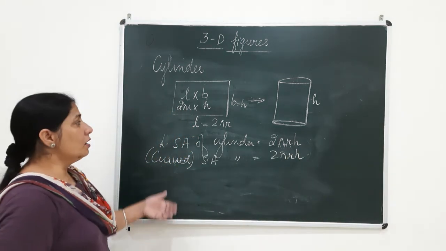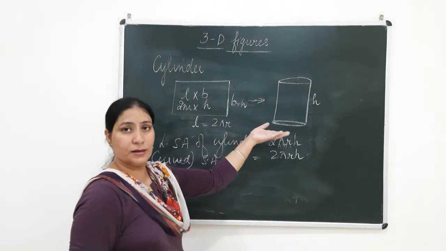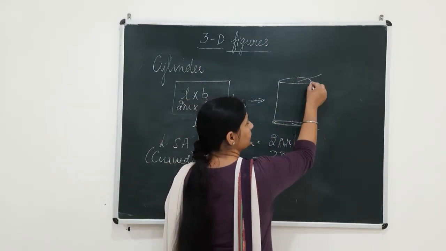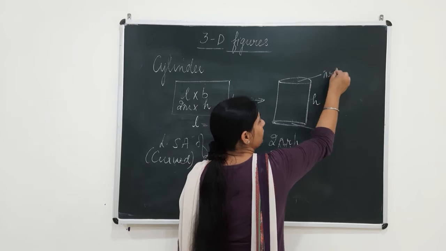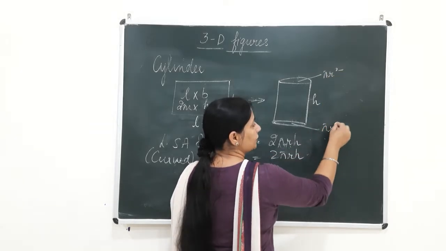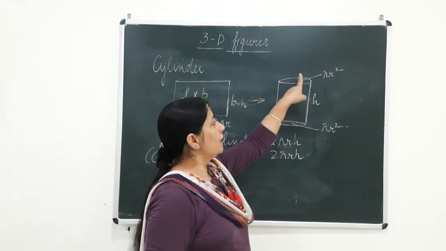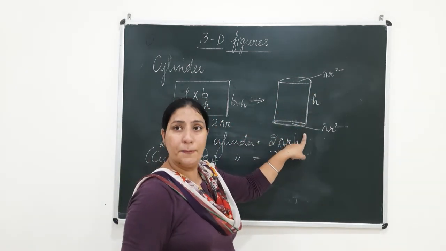Clear? Now if I have to find the total surface area, just see, the top and the bottom faces are circles. The area of the circle, as we have already discussed in the second exercise, is pi r square. So we have got 2 circles with area pi r square.